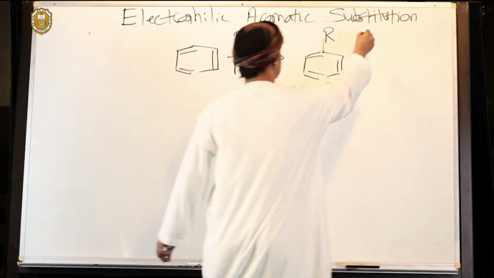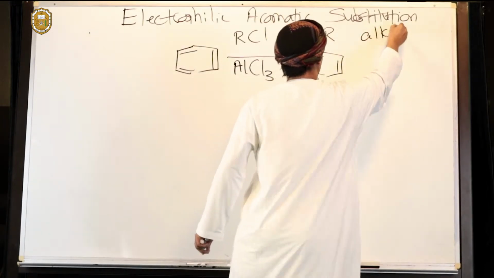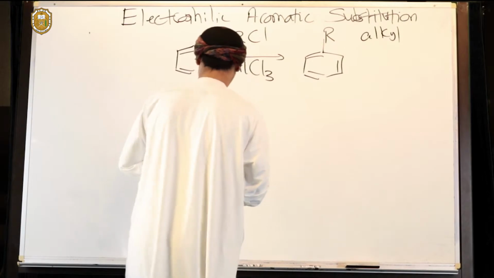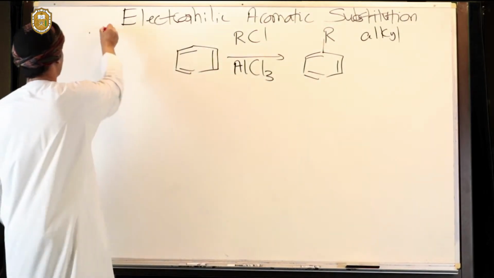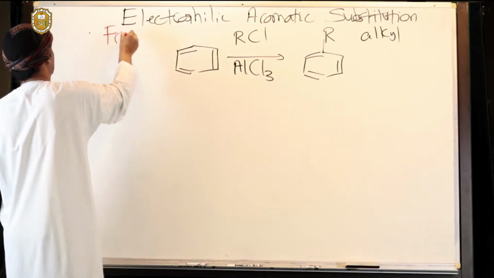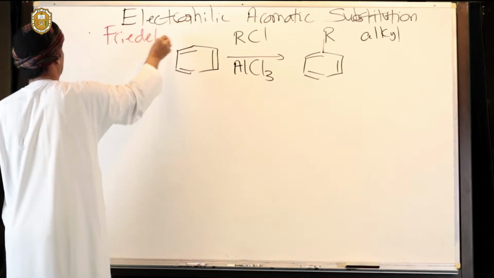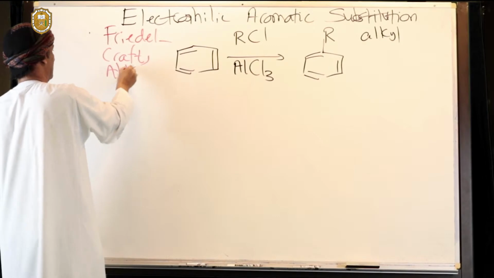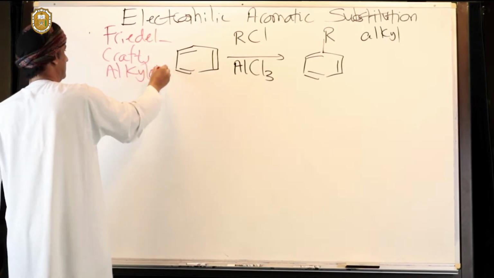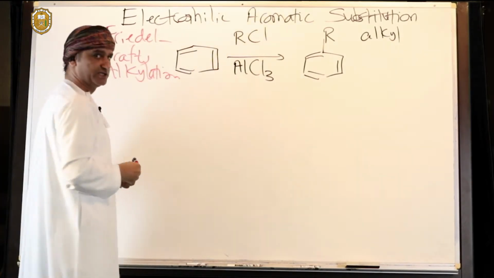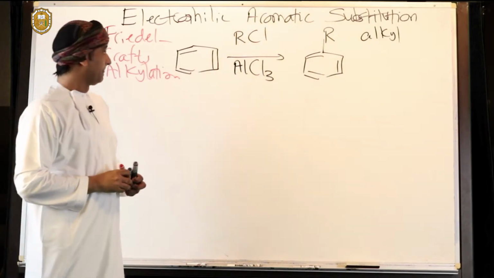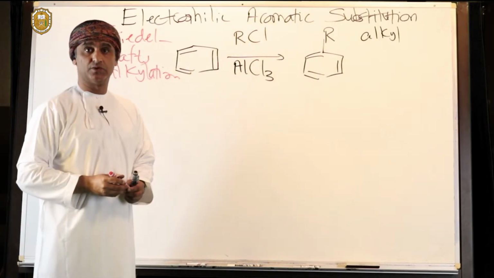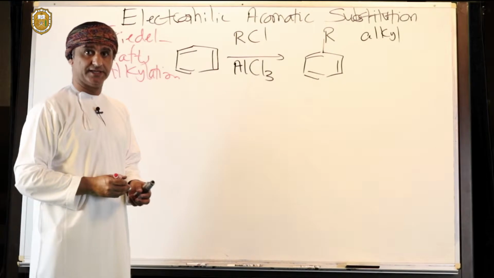Remember, R is alkyl, okay, and this reaction is called Friedel-Crafts alkylation. So Friedel-Crafts alkylation involves a reaction of benzene with an alkyl chloride in the presence of aluminum chloride.